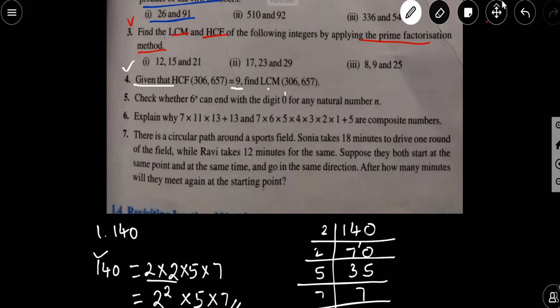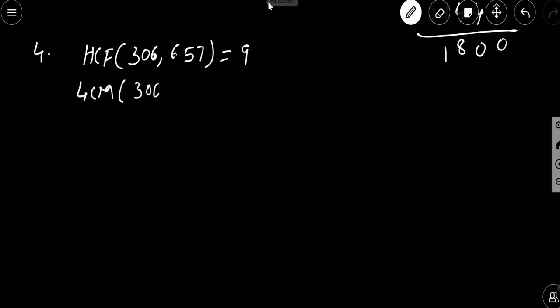Okay, so we'll do this problem number 4. What we have to find out, we have to calculate LCM of the same numbers.